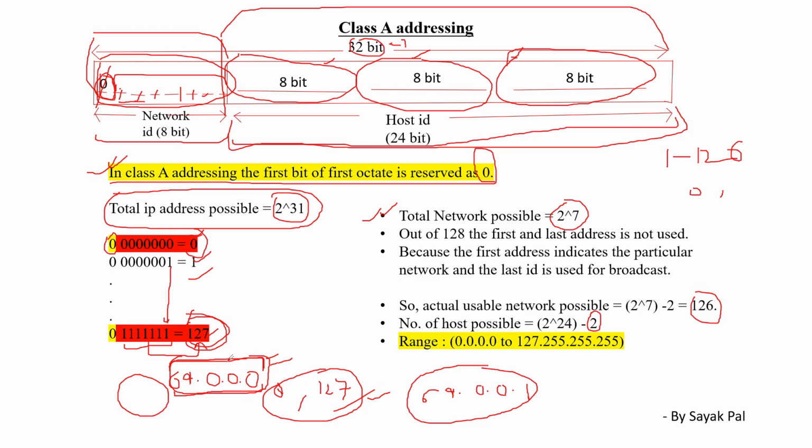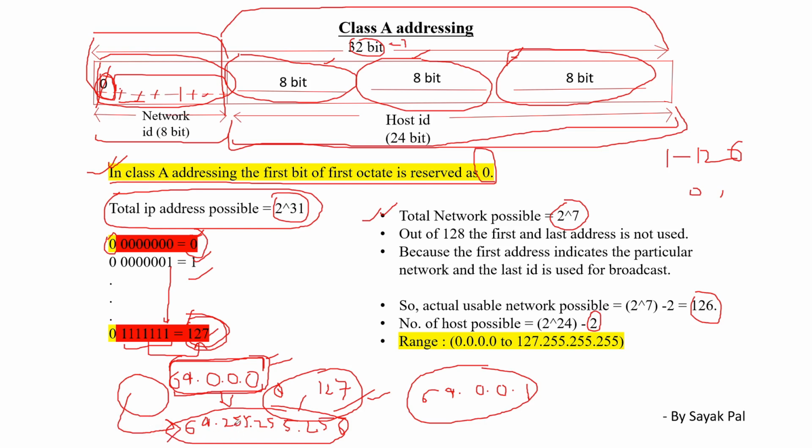That's why this IP address is not given to any host. In the same way, 64.255.255.255, the last IP address in this network, is also not given to a host.